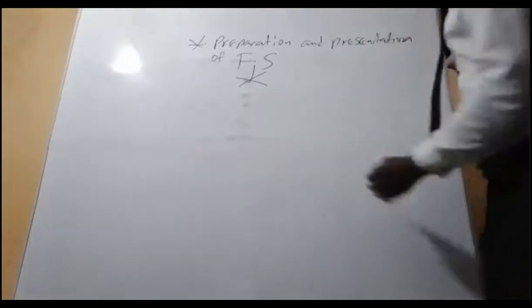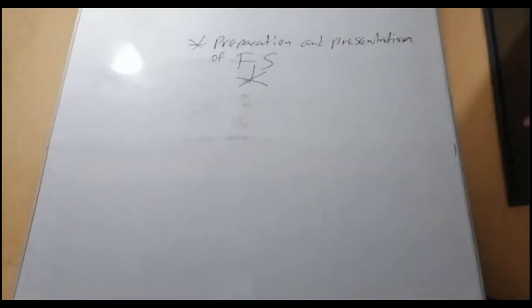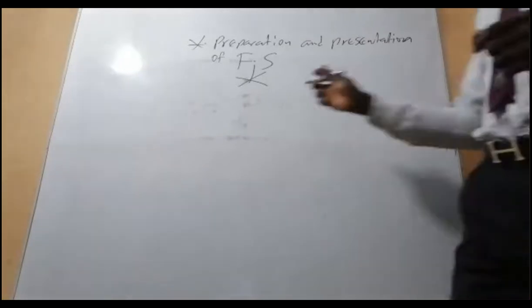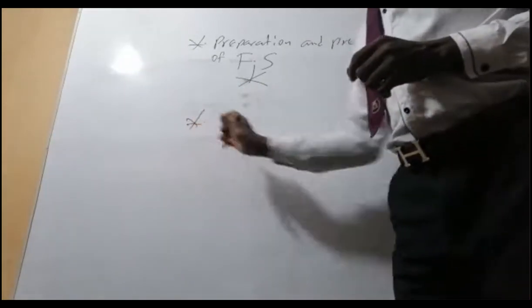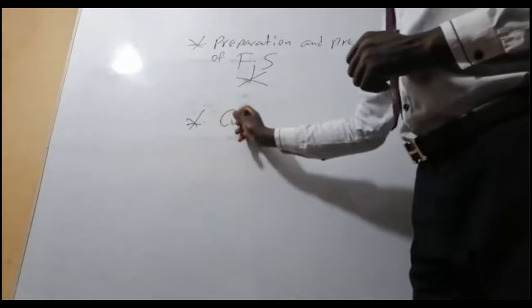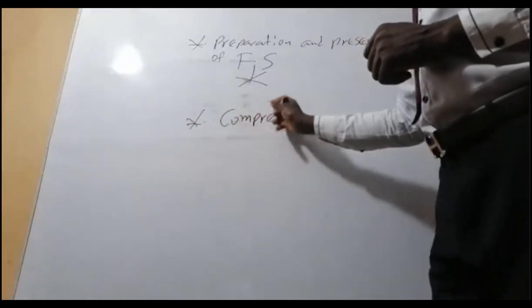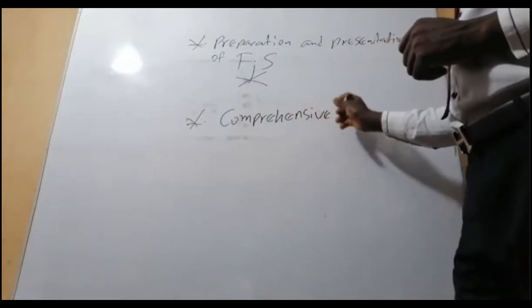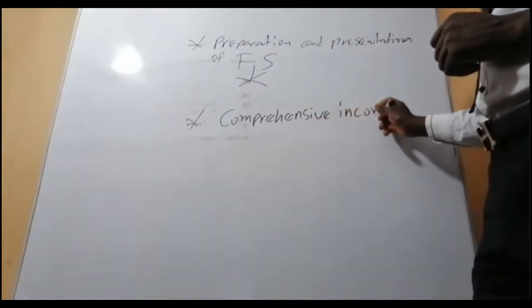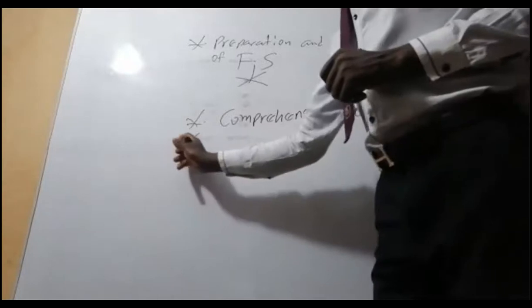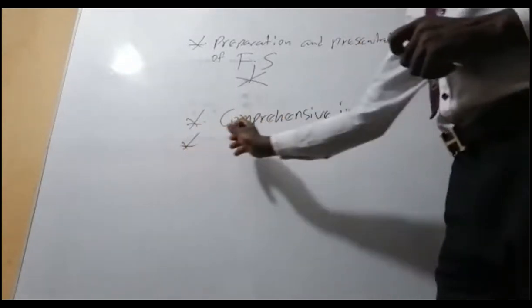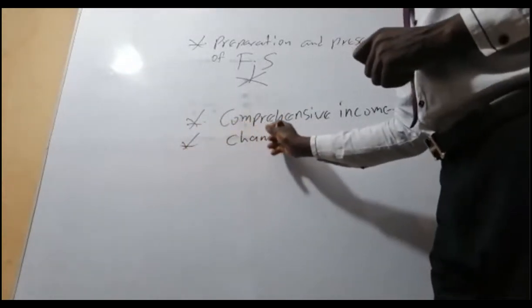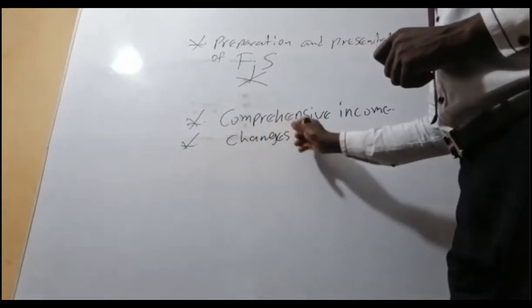So components of a complete set of financial statements. One, it comprises comprehensive income. Two, changes in equity.